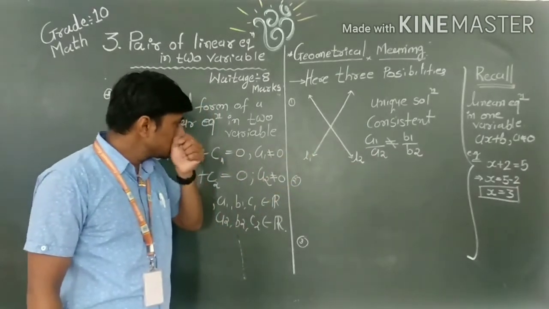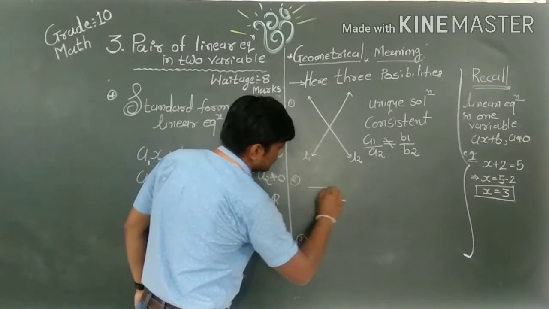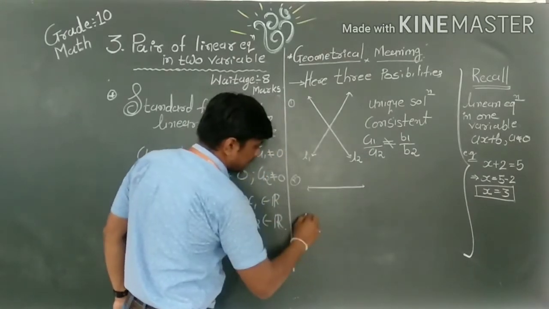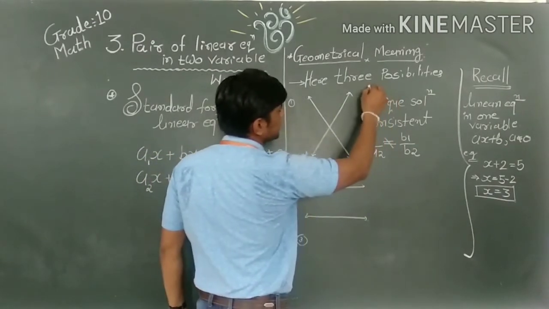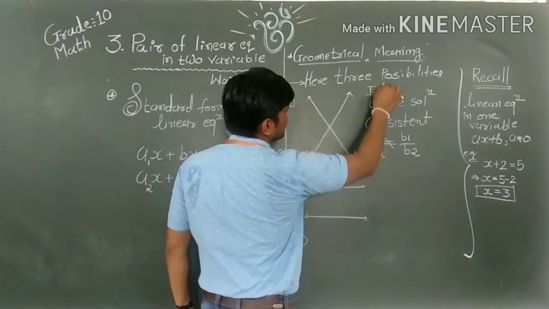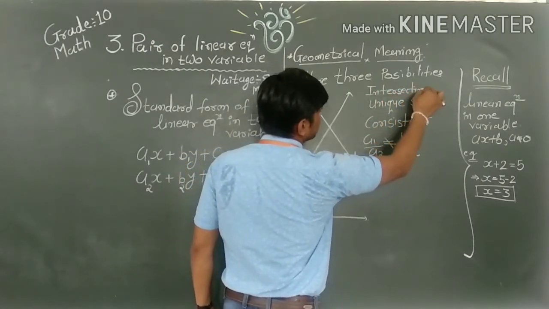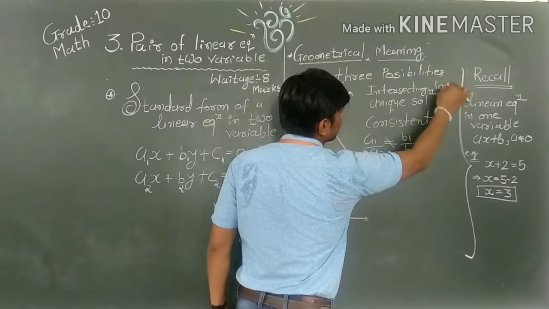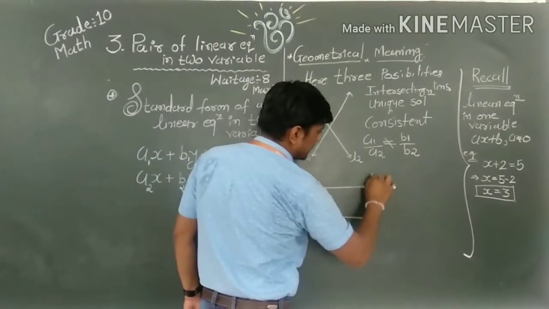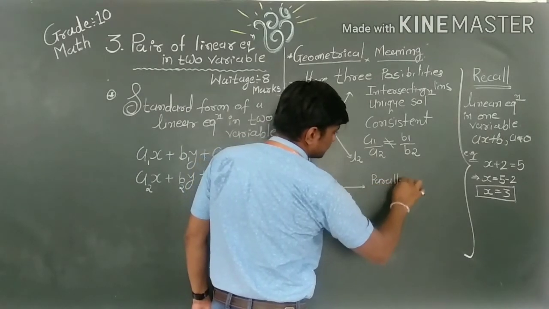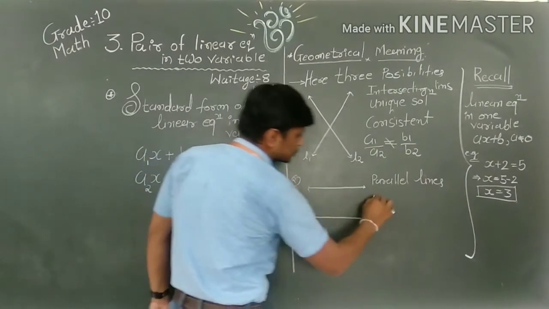What is the second possibility? The second possibility is parallel lines. Here the lines are intersecting, and here we have parallel lines. Okay, no solution.